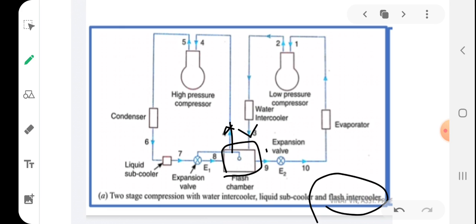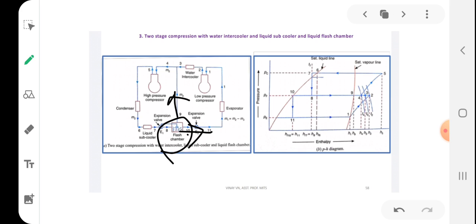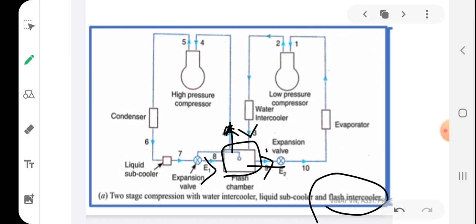The refrigerant is a mixture of liquid and vapor, and this vapor goes upward and liquid goes to the evaporator. So this separation also takes place. So actually there will be two incoming streams and two outgoing streams. That is the difference between a flash intercooler and a simple flash chamber. A simple flash chamber has only three streams, one incoming and two outgoing. Here there are four streams: two incoming and two outgoing.